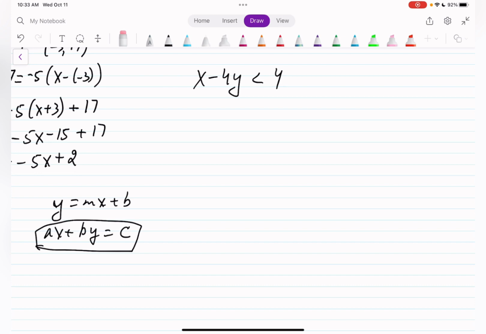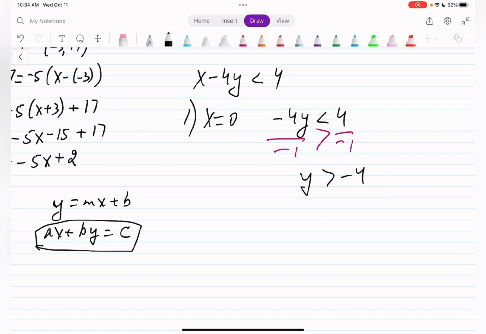Okay, let's try. First, x is 0. I'm getting negative 4y less than 4. And when I divide by negative 1, it's going to flip the sign. And I'm getting y is greater than negative 4. So 0, negative 4.